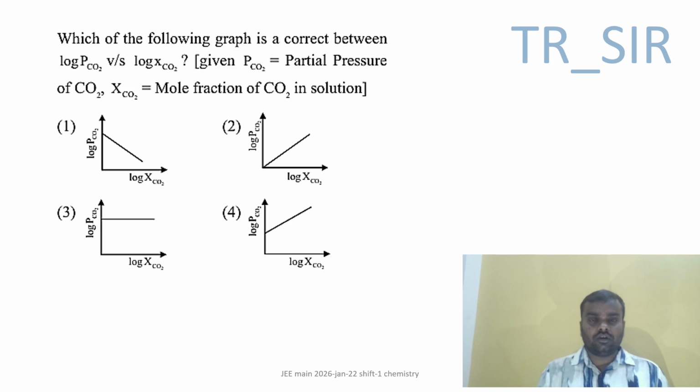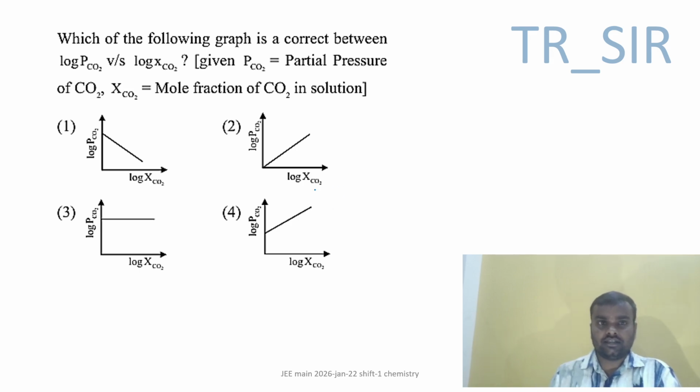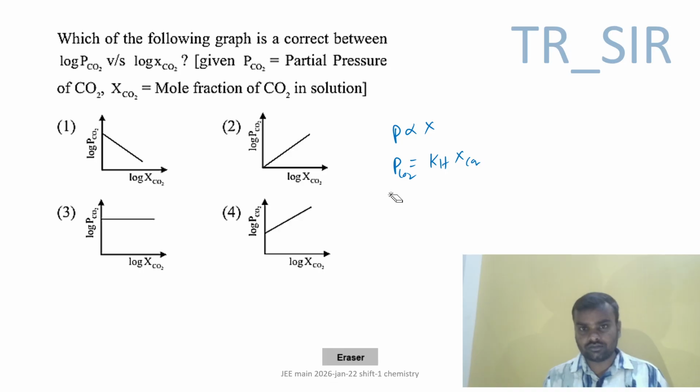Now, which of the following laws is correct for this case? Henry's law again. So pressure is proportional to x. Remove the proportionality, so P is equal to kH into x. Here they given the CO2. Why? Apply the log for this case.